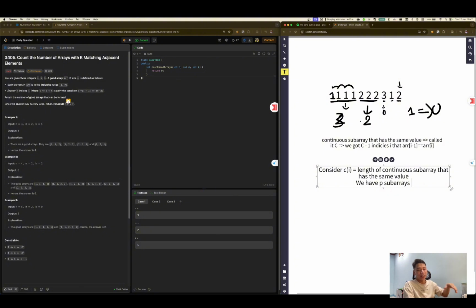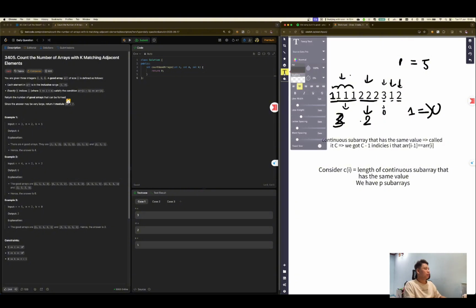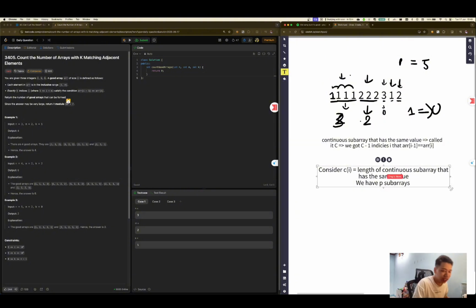I mean the p subarrays here are the number of subarrays that are continuous and have the same value. For example, here this is one subarray, this is one, this is one, two, this is one. We got 1, 2, 3, 4, 5, so p equals 5. That is, we got 5 subarrays that continuously have the same value. Let's call it p.